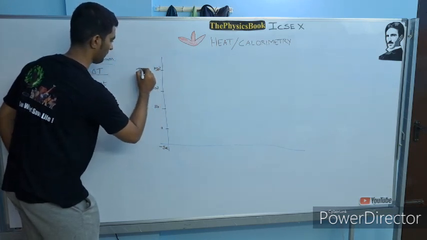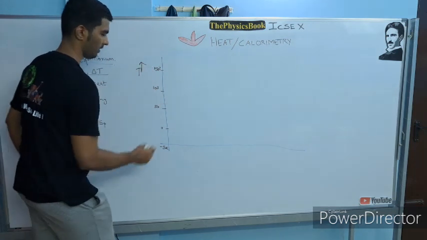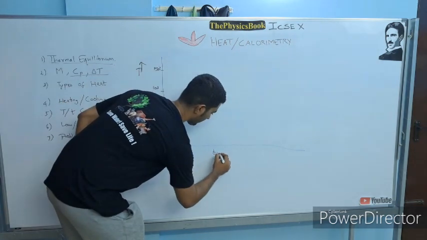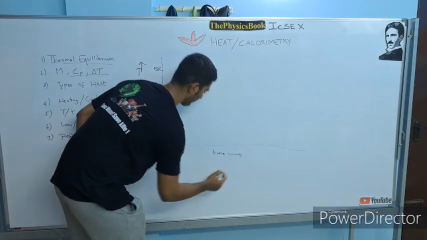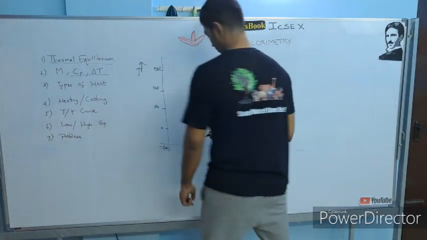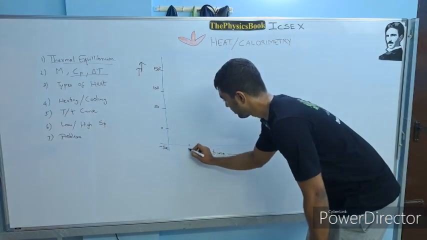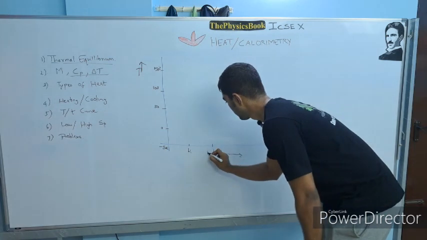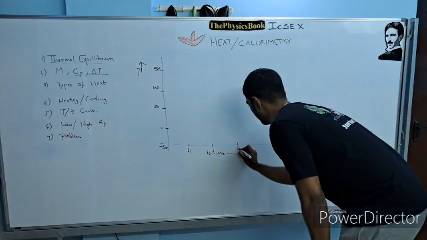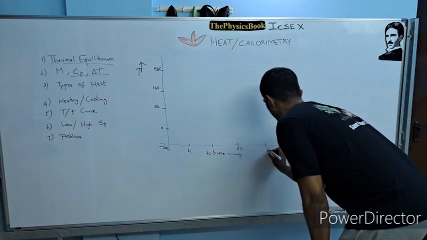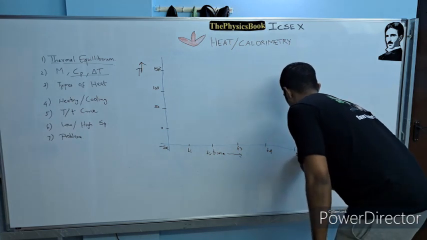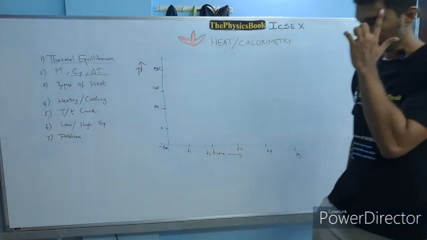This is temperature increasing in this direction. This is time in this direction. But here, to confuse you, I will just put this as T1, T2, T3, T4 and T5.